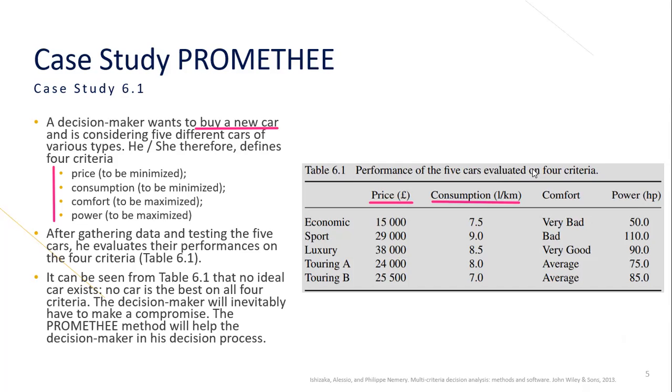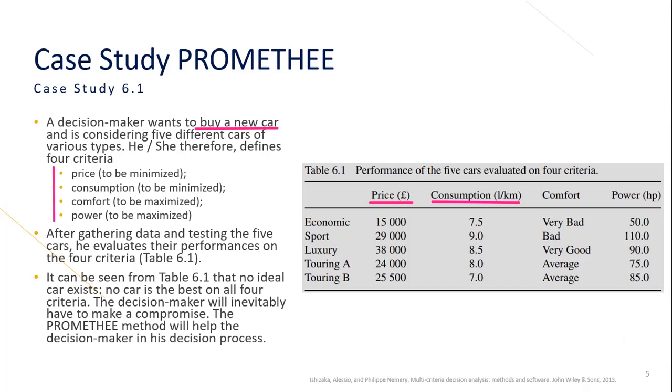It's like 7.5 liter per kilometer. This one, the measurement is like that. Liter per kilometer, so the lower the number is the better. So you want to minimize this one.